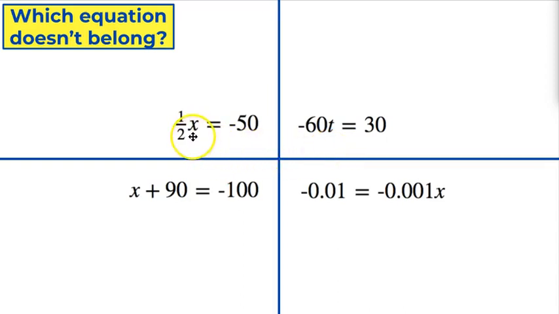Let's see. This would have a negative number for the missing number. This would have a negative number for the missing number, and this would have a negative number for missing number because these are both positive, but your final answer is a negative. And here, since this is a negative, this has to be a negative to make this a positive.